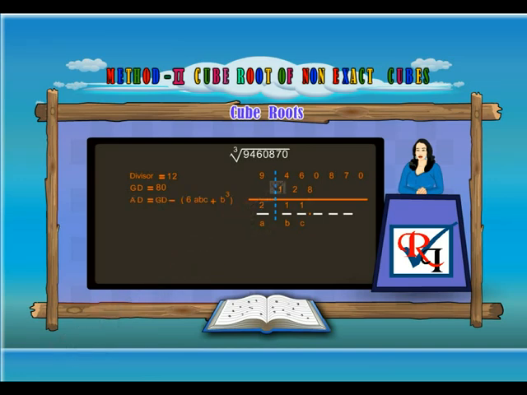Here subtract 6abc plus b cube from the current gross dividend. We know all the values a, b, c and we can do it easily. Our gross dividend is 80 minus 6 into the value of a into the value of b into the value of c, which comes from here, plus b cube. Finally, we get the third actual dividend, which is equal to 67.